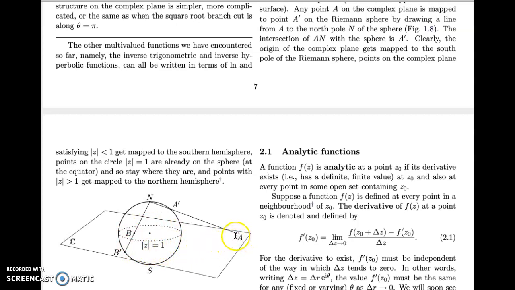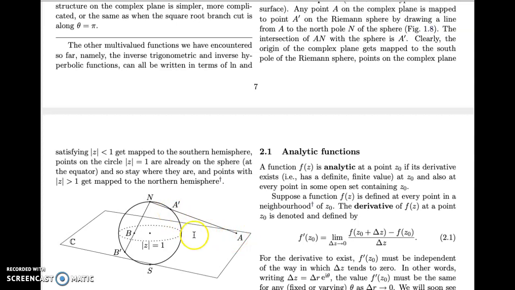Then to find out what the complex number A on the complex plane corresponds to on the Riemann sphere, we simply draw a line from the north pole of the Riemann sphere to the point on the complex plane and look at where it intersects the sphere. That point A dashed represents the complex number A, but on the Riemann sphere.